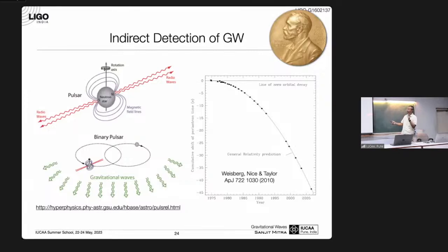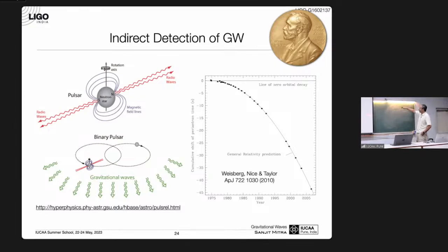And that you can measure, and that will tell you how much phase has been accumulated in this process, and then that can tell you how much energy is lost by the system. So that's what was done, and this is the cumulative shift of periastron. Now, perihelion is for the sun, but periastron is for the binary pulsar.